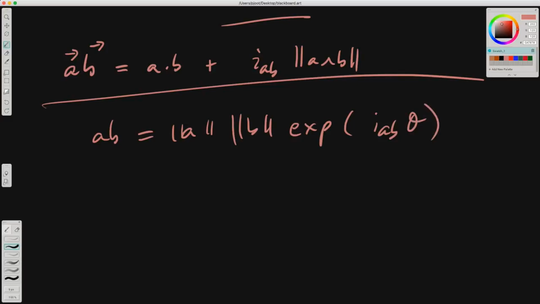If we presume this is true, and this is the angle between the two vectors, let's just explore a concrete example of this.